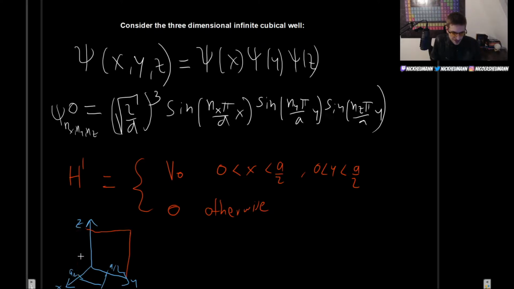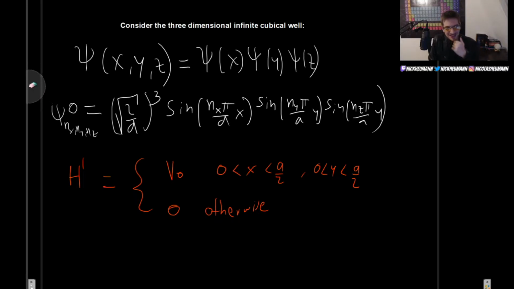Oh geez, okay, I'm not much of an artist, as you can tell. All right, so this is the well itself, and it will have this potential that covers 1/4 of it. Okay, it's not the best drawing, but I hope you can get an idea. So 1/4 of the well is covered by this V0 potential.